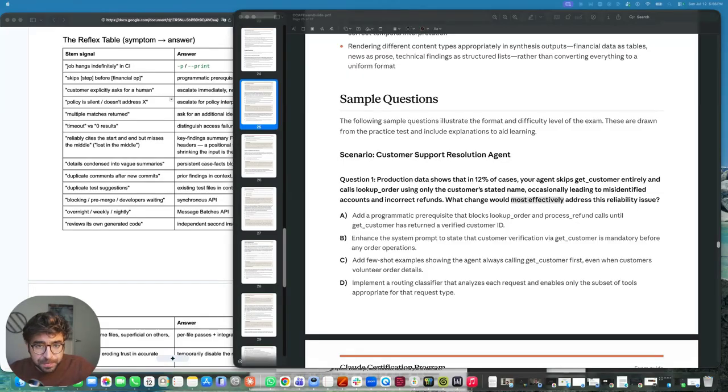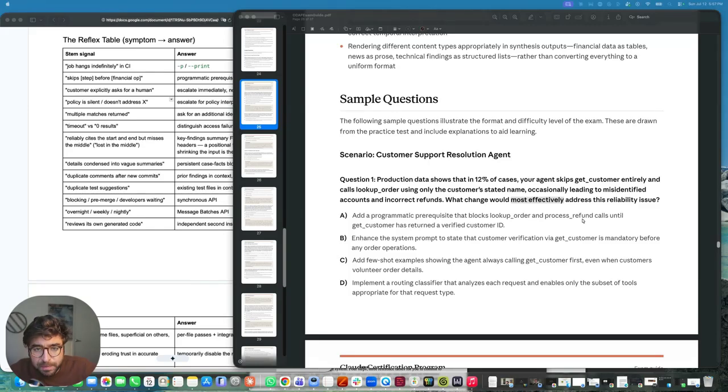Step 2, we're going to scan the stem, and in this one there are 2 things that jump out. First, we see that there is a number, 12% of cases, no rounding error, but it's not a total failure either. It's a probabilistic failure. The agent usually does the right thing, but sometimes it doesn't, and there's a consequence.